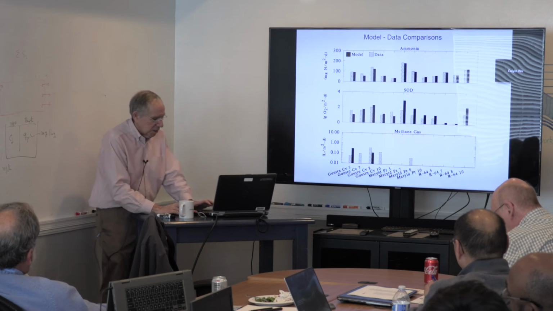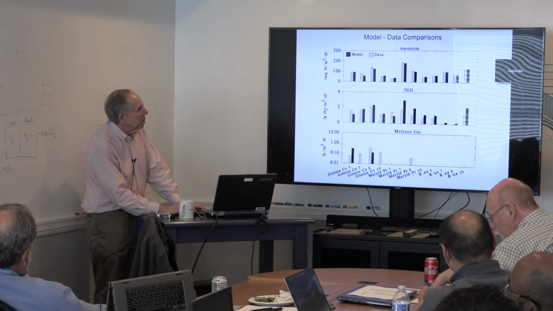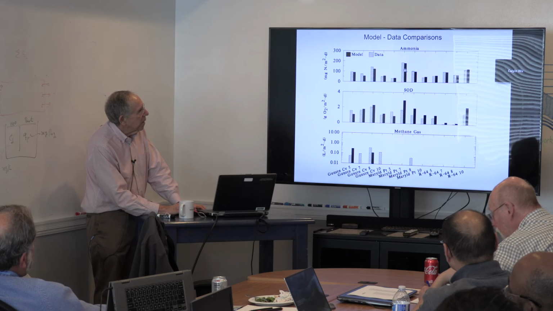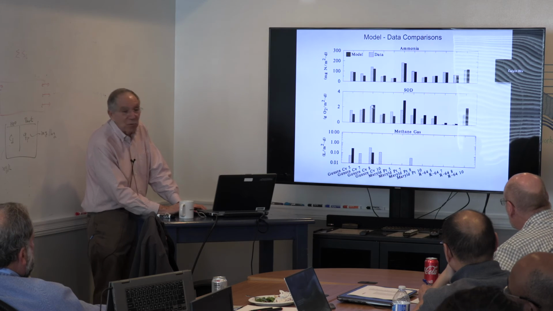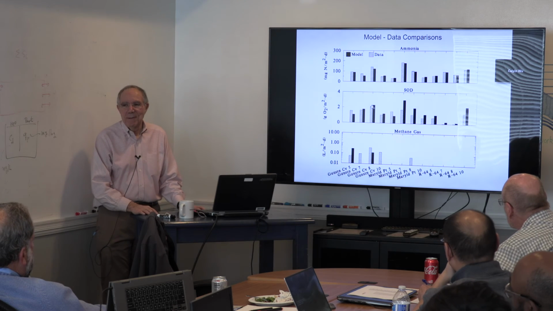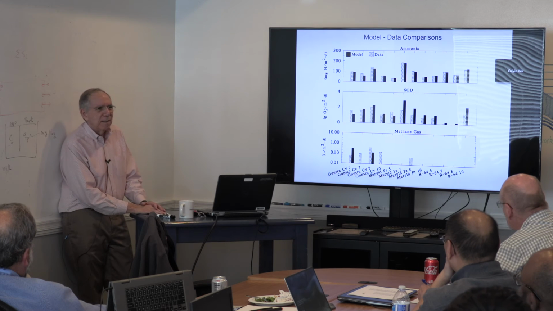Maybe this isn't the place to show you this, but I do want you to notice something. You see the ammonia fluxes vary from 50 to a couple of hundred? You see the SODs vary from 1 to 3? SODs are remarkably constant.